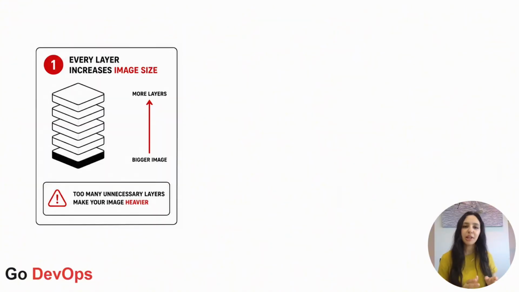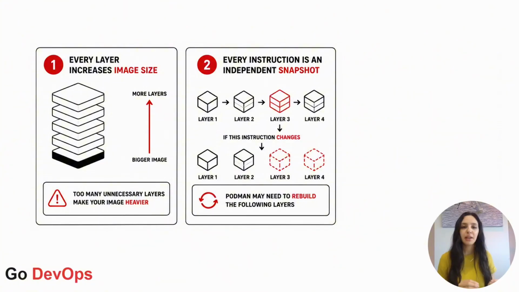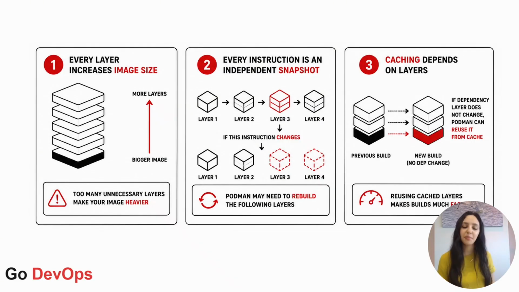Now let's understand why layers matter so much. First, every layer increases image size. So if you create too many unnecessary layers, your image becomes heavier. Second, every instruction is an independent snapshot. So this means if one instruction changes, Podman may need to rebuild the following layers. And third, caching depends on layers, and this is super important for build performance.